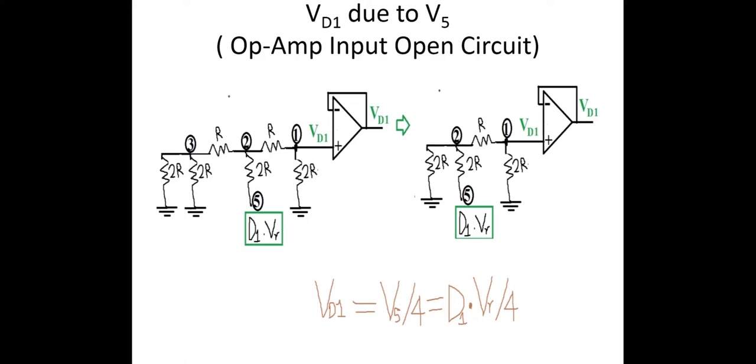So all the other voltages have been replaced by ground, and again we use the property that all the resistances to the left of node 2 can be replaced by an equivalent resistance which is equal to 2R, and the voltage that we obtain by doing the analysis will be equal to V5 divided by 4. And finally we can proceed to find VD0.